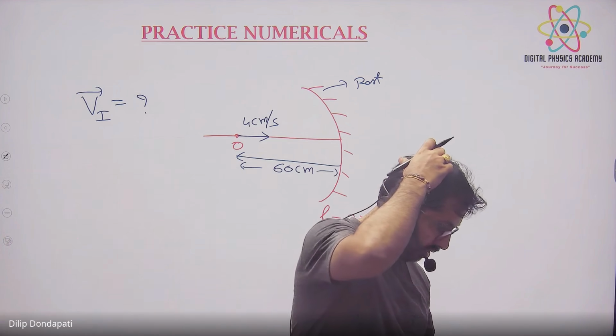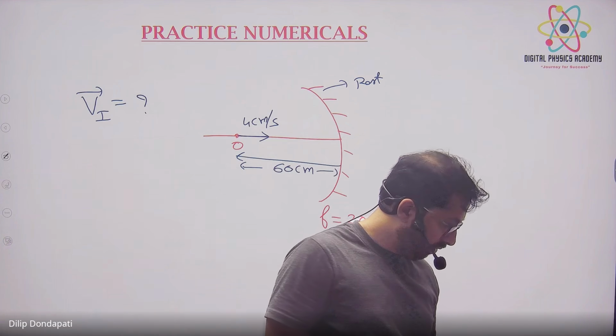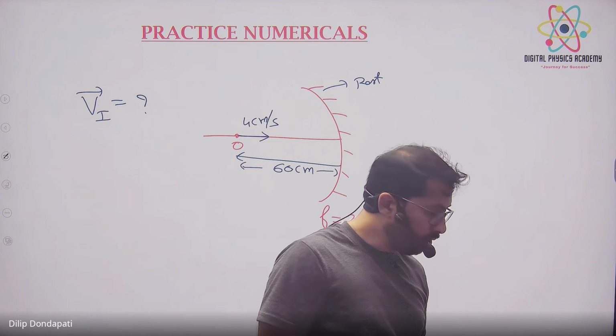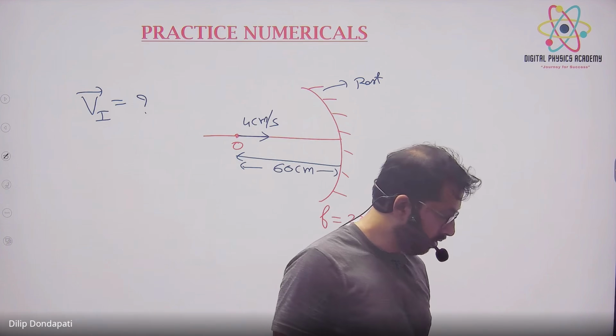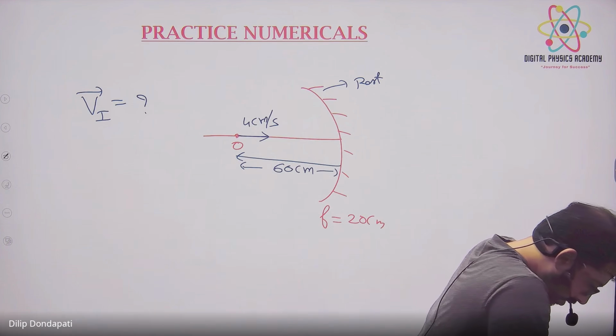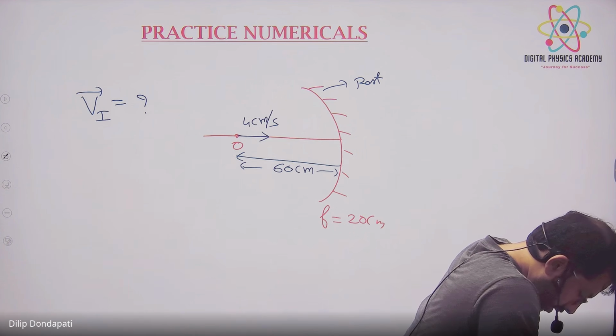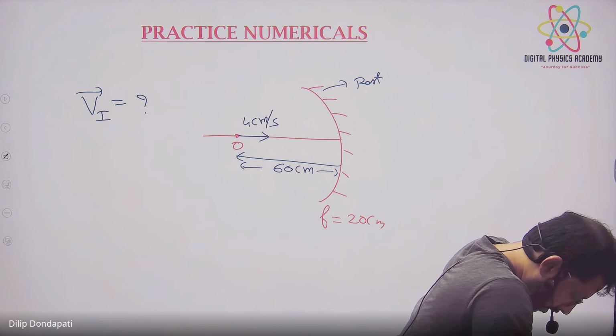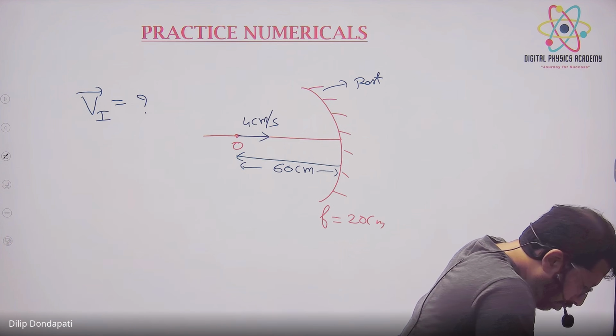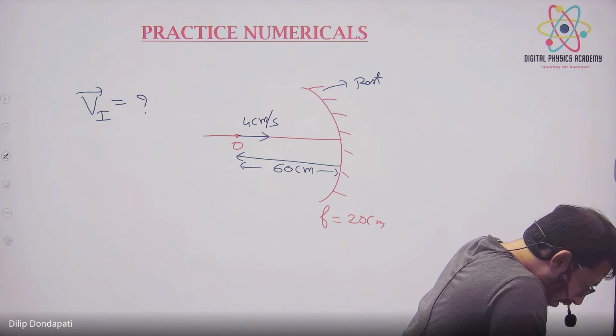So one. One na? No. V how much you got? So 30. No. Sign convention properly use करो. So minus 30.